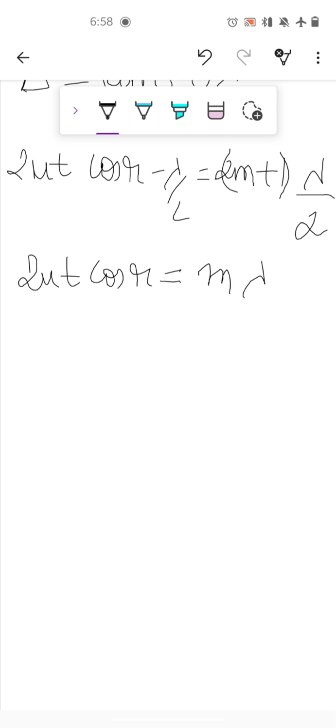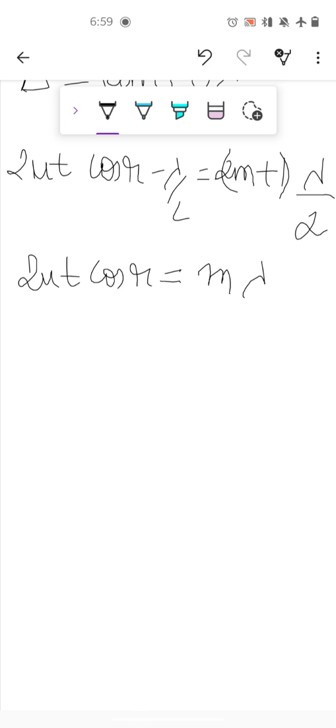What you have to do is send lambda by 2 to the other side, open the bracket and solve, and then you will get m lambda. Okay, so what we see here is that minima has obtained the condition of maxima and maxima has obtained the condition of minima. This only you have to remember, and always remember this is due to the phase change of pi.